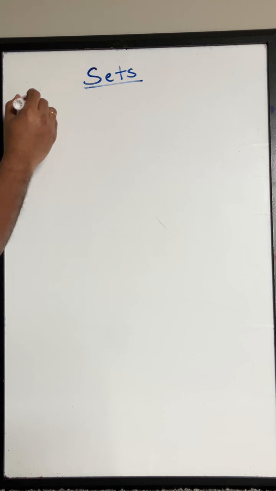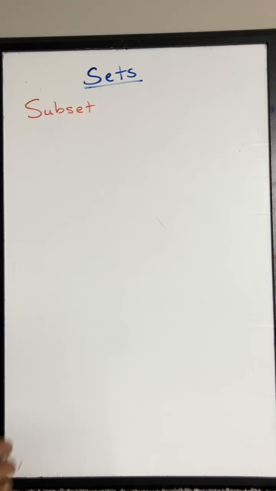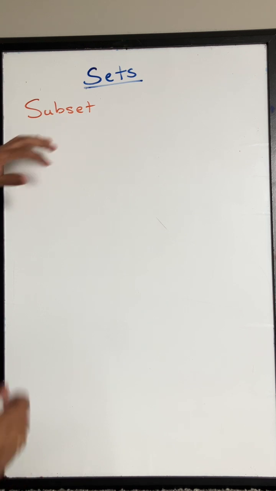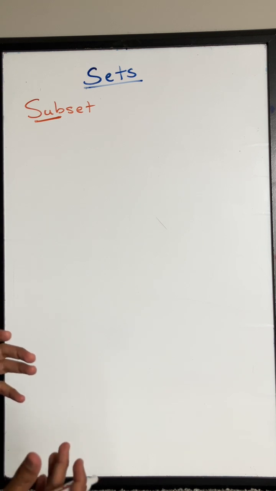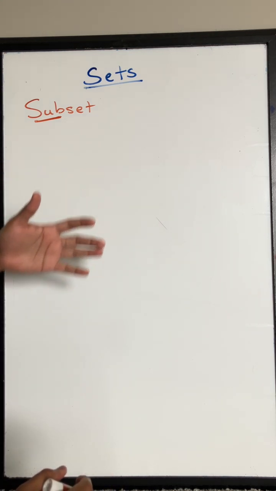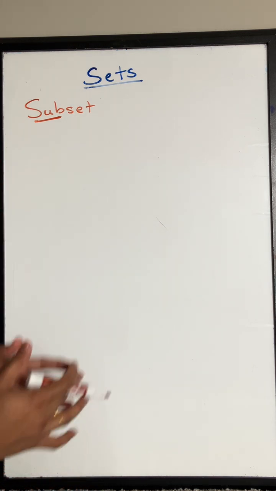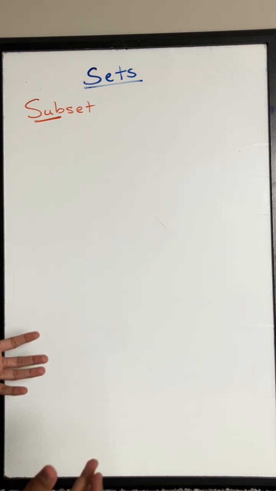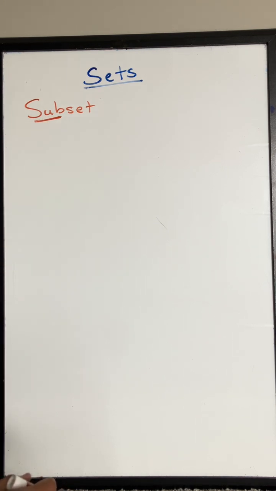Next one is the subset. The name itself has that meaning: sub. The word empty itself denotes that a set is empty. Universal means generally we consider the whole thing; the one that has everything is called universal. Sub is subordinate.